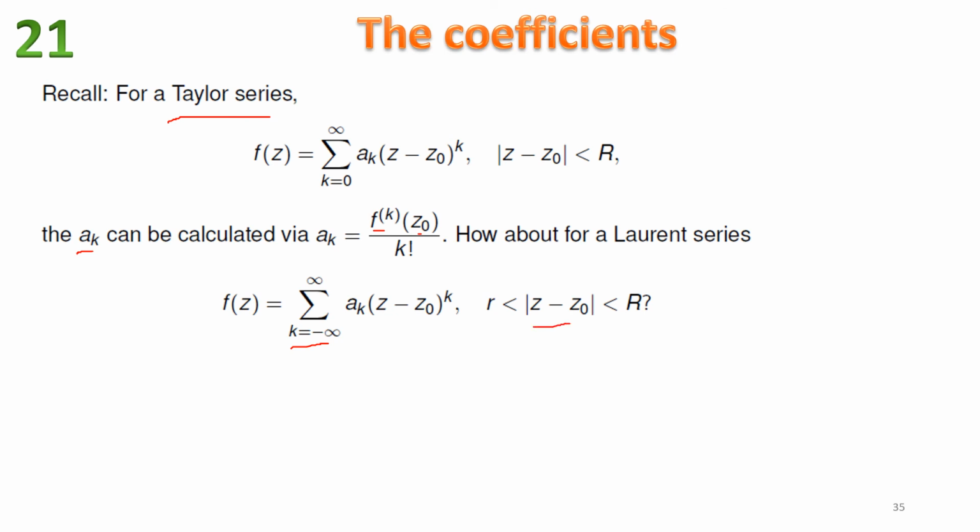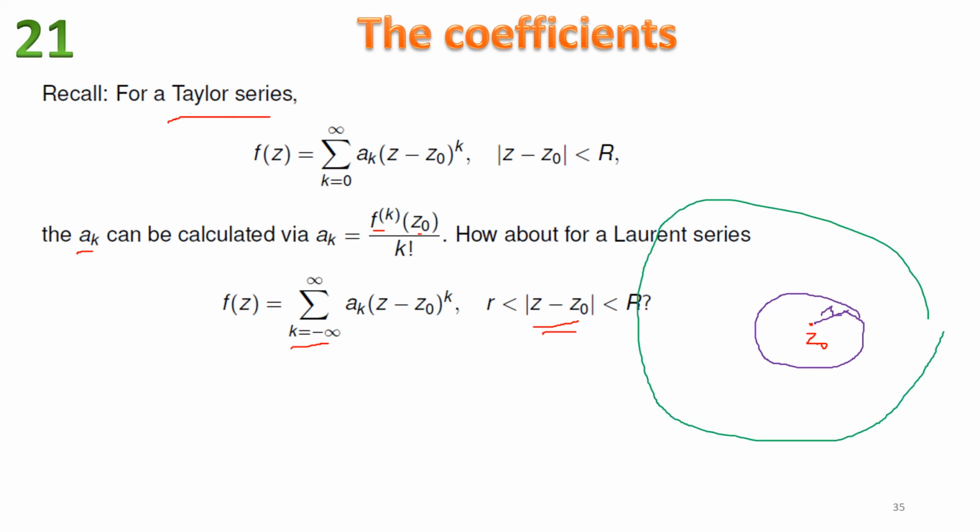So here mod of z minus z0 has to have a value between small r and capital R. So if this is the z0 point, then we are talking about the region between a disk of radius little r and a disk of radius capital R, and we are talking about the annulus between these two disks. So here we are considering this region.